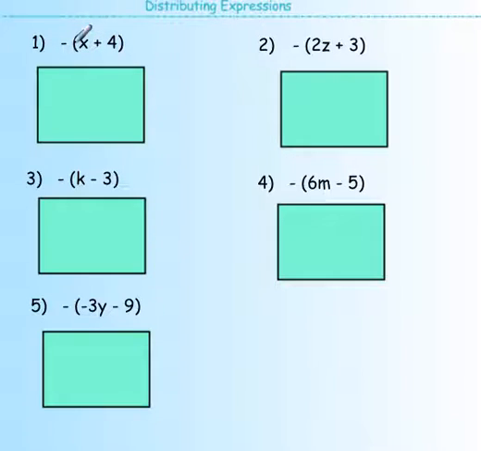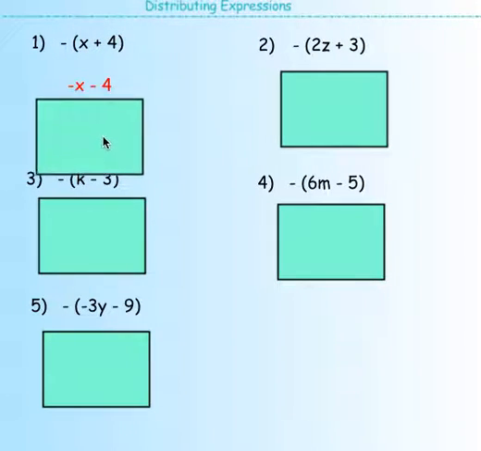You can also think of it as a negative 1 being distributed to the inside of those parentheses. So negative 1 times x would be negative x, and negative 1 times positive 4 would be negative 4. Or we can just say, what's the opposite of x plus 4? It would be negative x minus 4.